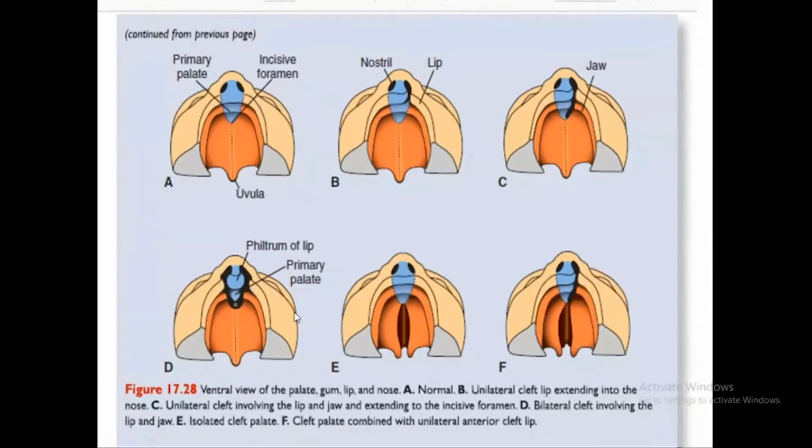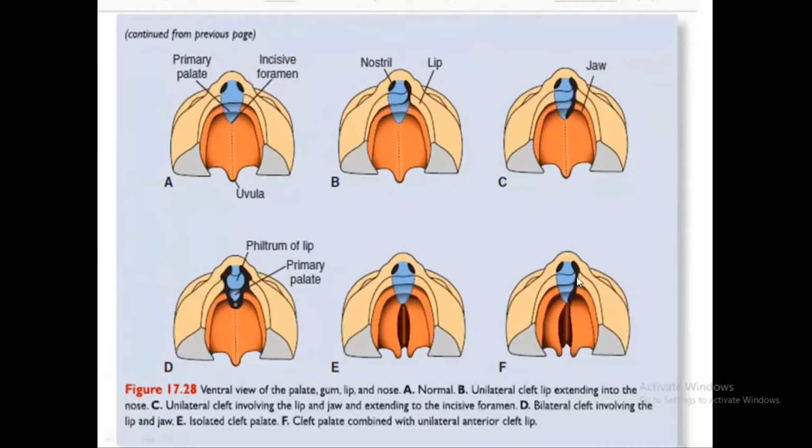and palate. Okay, and we have also right here the cleft palate. In the secondary palate, the cleft extends from the palate to the primary palate, incisive foramen, jaw, with the lip to the nose.